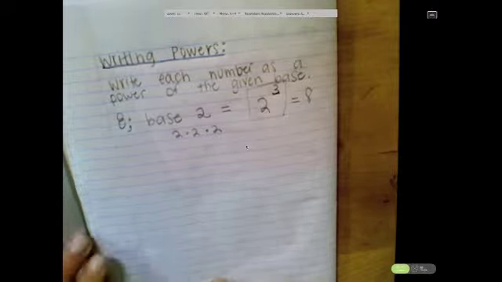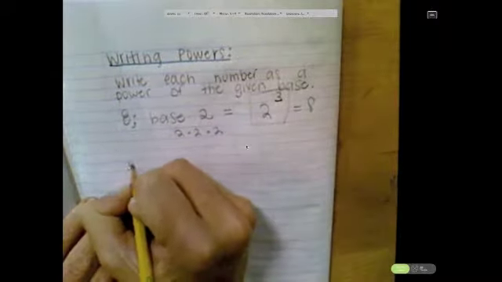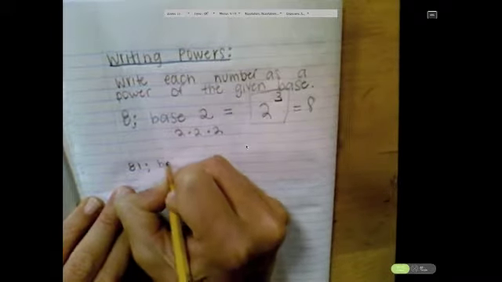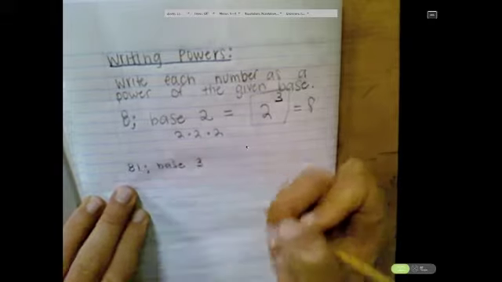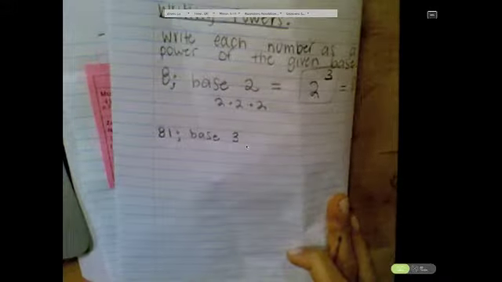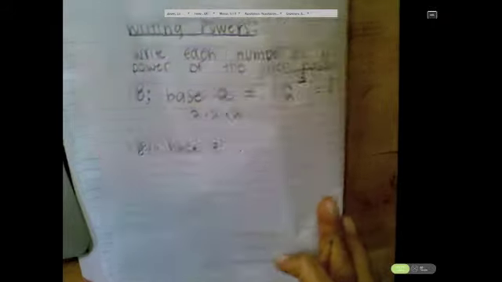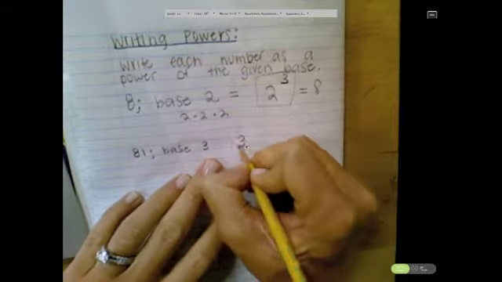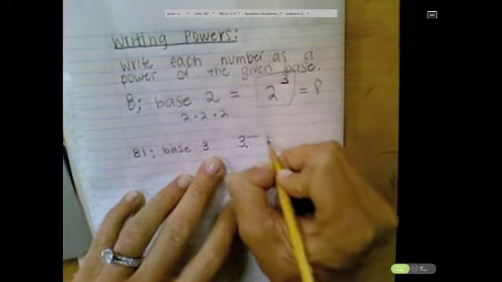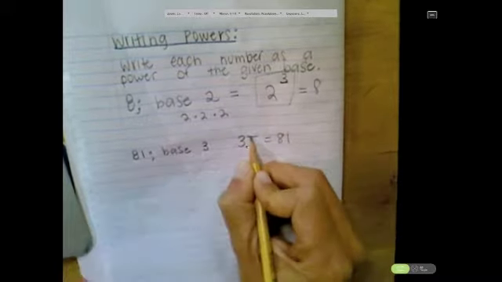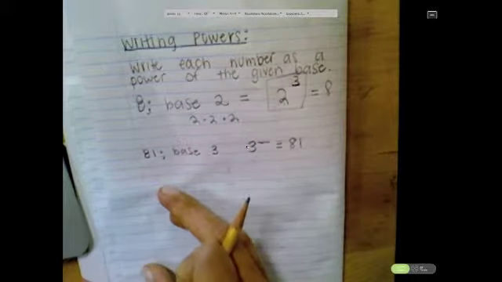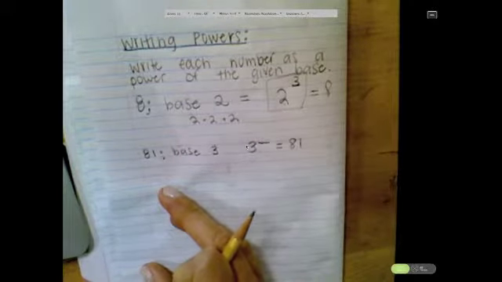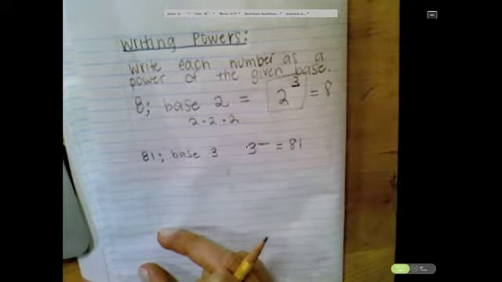Okay, how about this one? 81, base 3. So you know that the base is 3. You know that the solution is 81. You're trying to come up with the exponent. So you're asking yourself, how many times do I need to multiply 3 by itself to get 81?